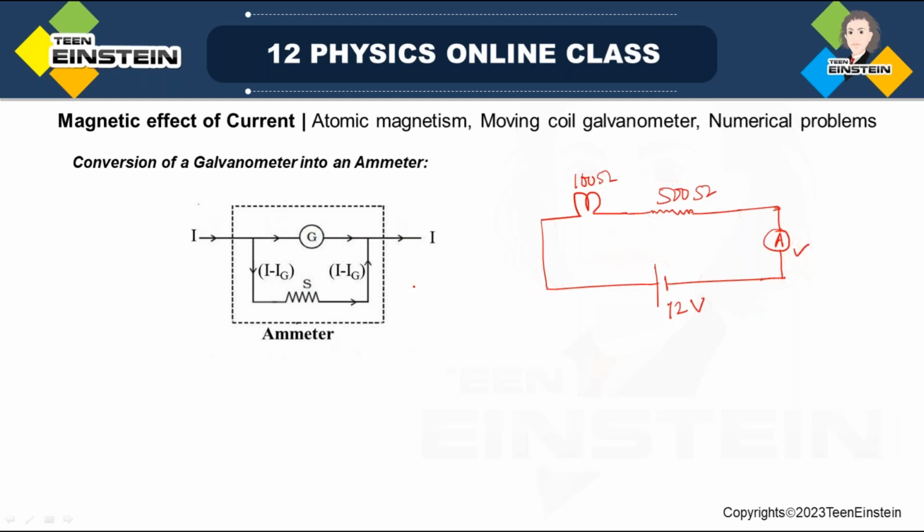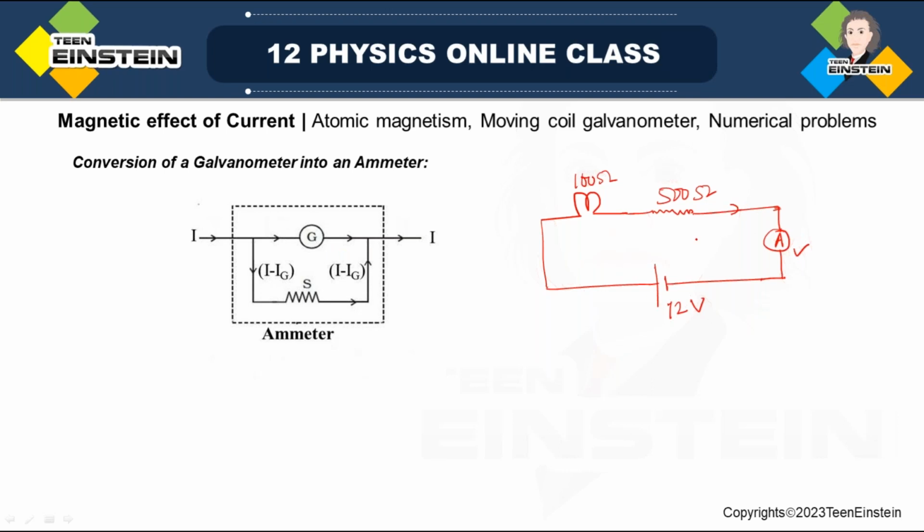Now the galvanometer coil has certain resistance, isn't it? So if we use the galvanometer as an ammeter, since it has an appreciable amount of resistance, that may change the current in the circuit itself.